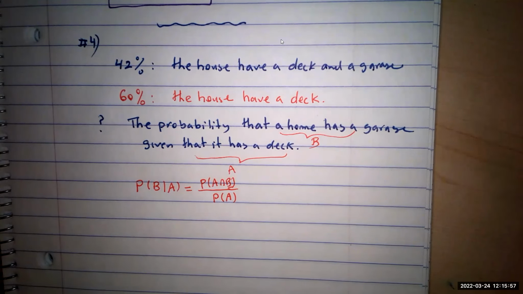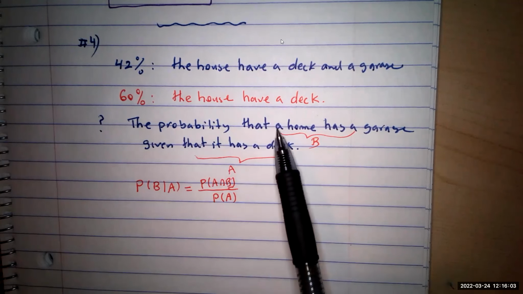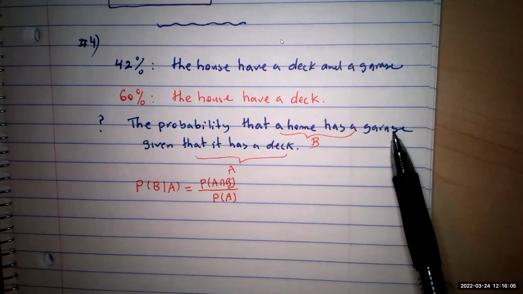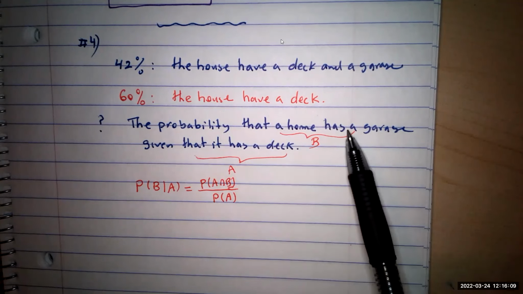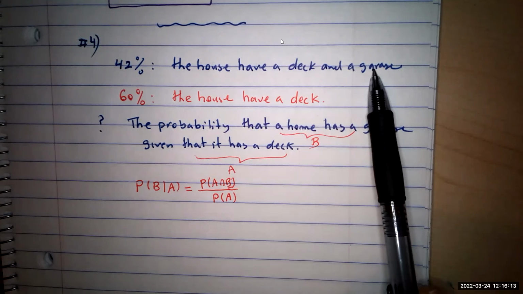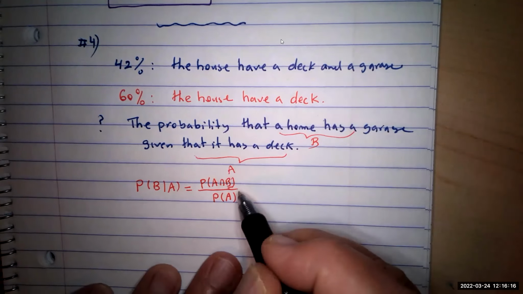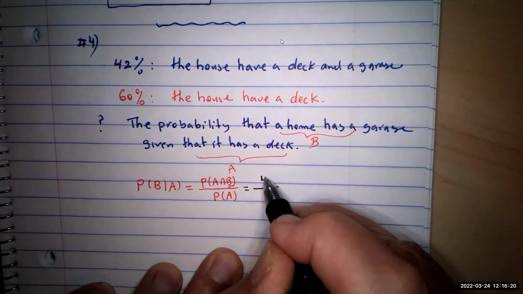A and B: probability that a home has a garage and has a deck. Garage and deck together, it's already given to you. It's 42%. So the top is going to be 42%.